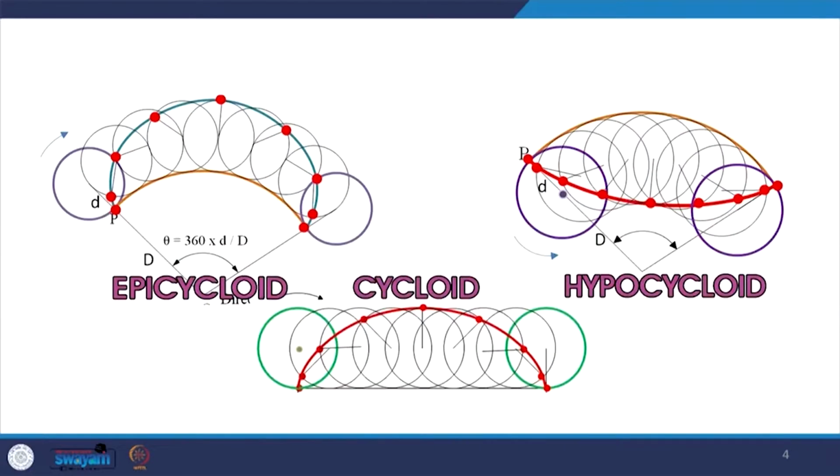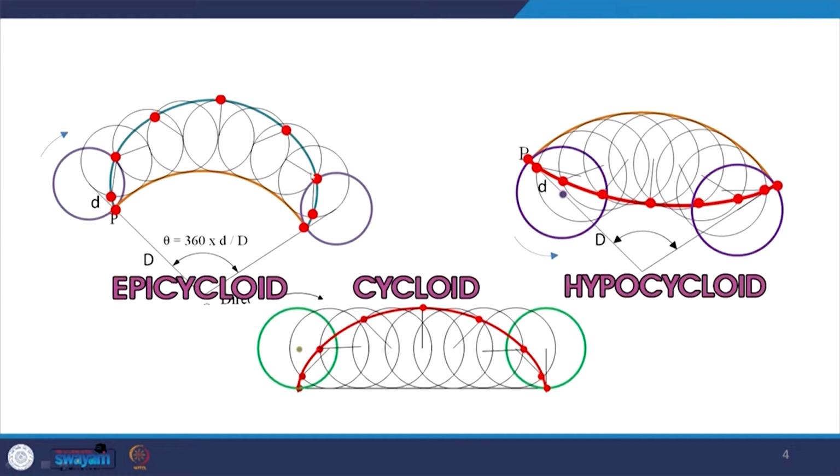Another type of curve is epicycloid and hypocycloid. Now, cycloid we have seen as the circle moves along a straight line. Now, if the circle moves along another circle, on the outer edge, such that the path on which it is moving is inside it and the circle moves on the outside, and the point we are considering is on the circumference of the moving circle, the path traced is called an epicycloid.